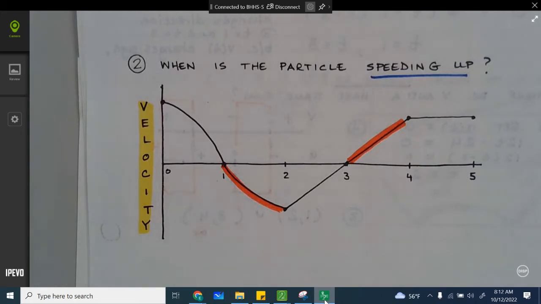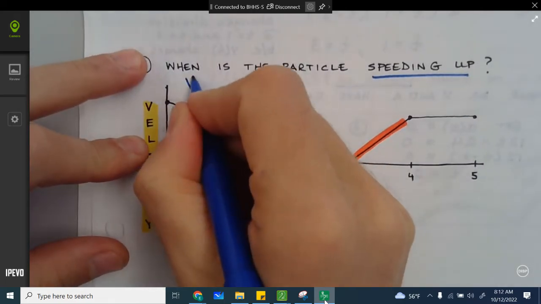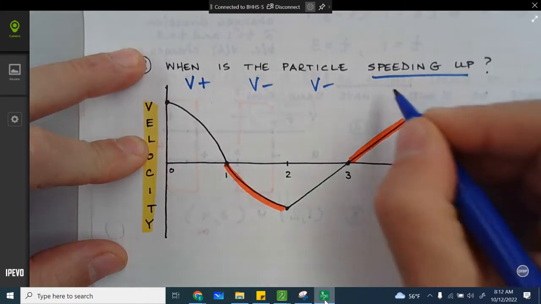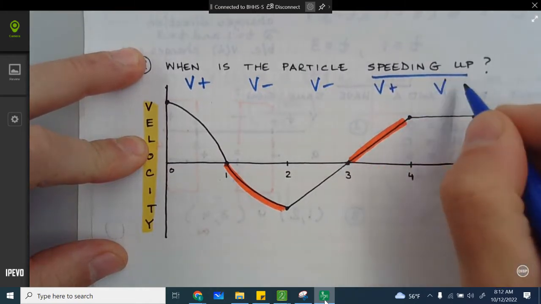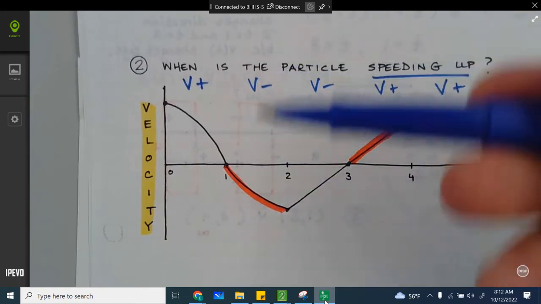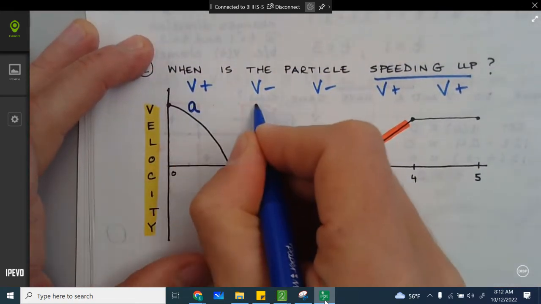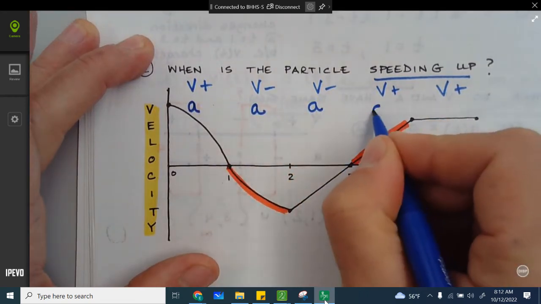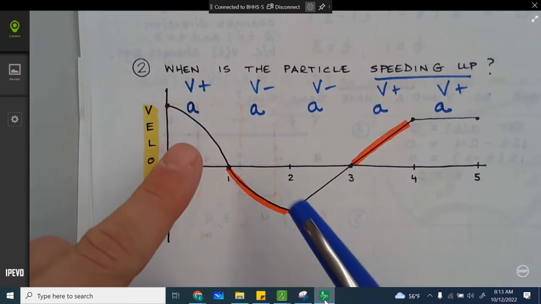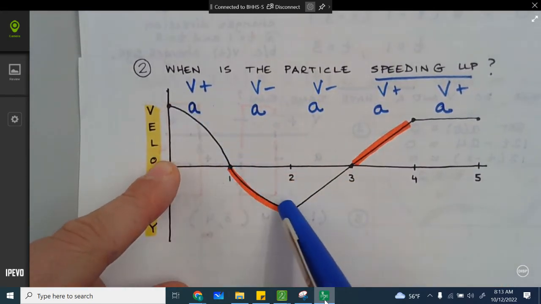They do. Okay. So one way you could figure it out is you could say, since this is the velocity, velocity is positive, and then it's negative, and then it's negative, and then it's positive, and then it is positive. So I'm just looking at whether we're above or below the x-axis here. And then acceleration. For the acceleration, you want to be looking at the direction. So like right here, the velocity is decreasing through there, right?